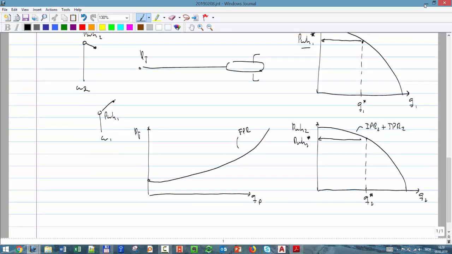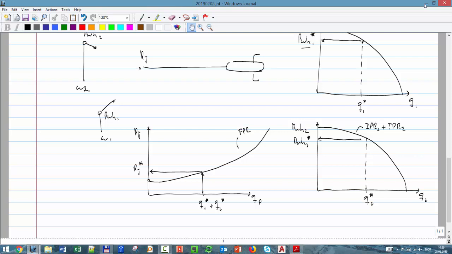And then you come with your flow line rate, Q1 star that you desire, plus Q2 star that you desire. And then you read the P junction that I need. Okay, I come from the formation, I come up, and that's what I have. And this is what I need to flow that.